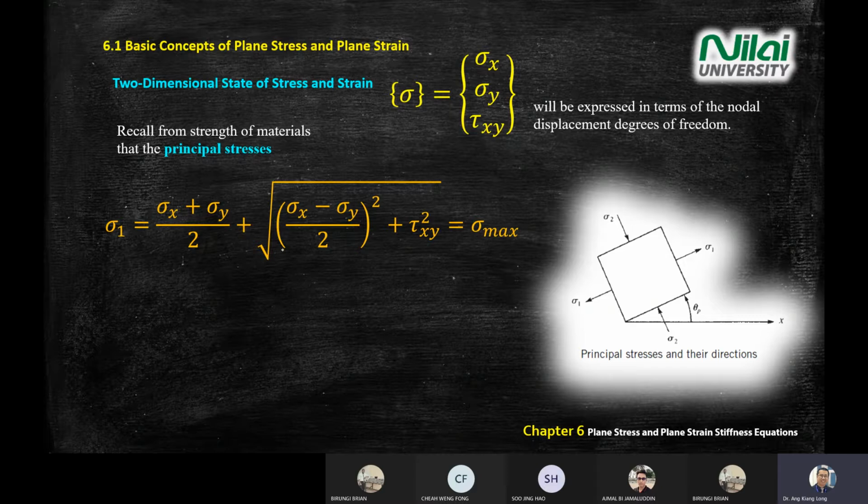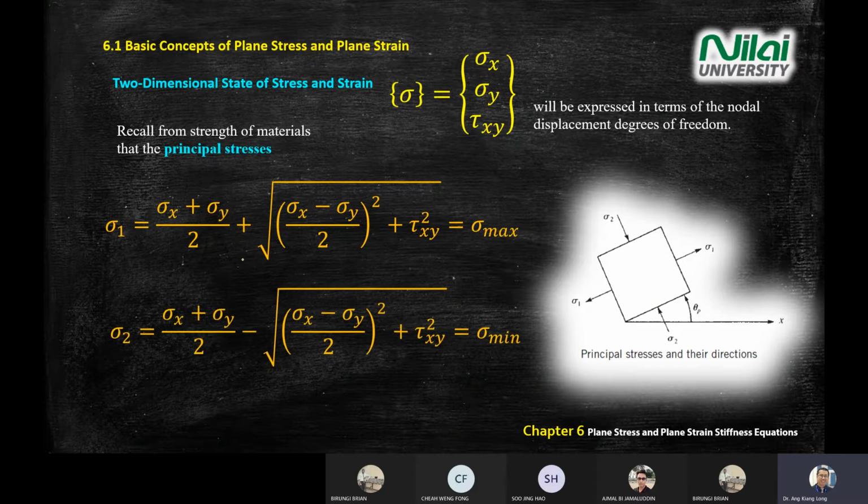You'll get the maximum, because you need to find two: one is principal 1 and one is principal 2. The difference is one is positive and one is negative. One will give you the maximum, one will give you the minimum.